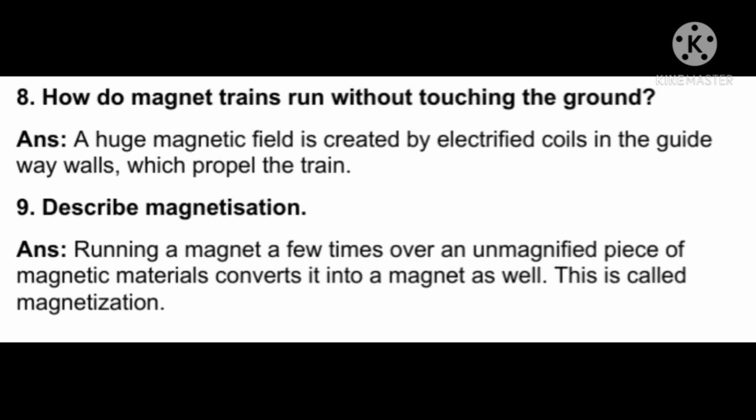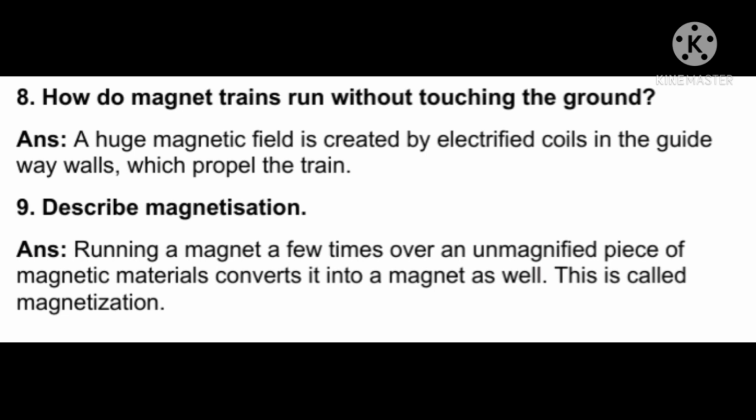Next one, how do magnet trains run without touching the ground? A huge magnetic field is created by electrified coils in the guideway walls, which propel the trains so that they are not touching the ground. Next one, describe magnetization.